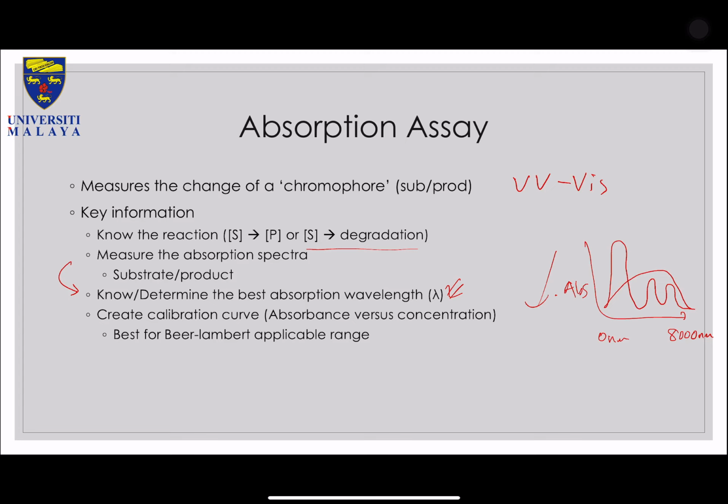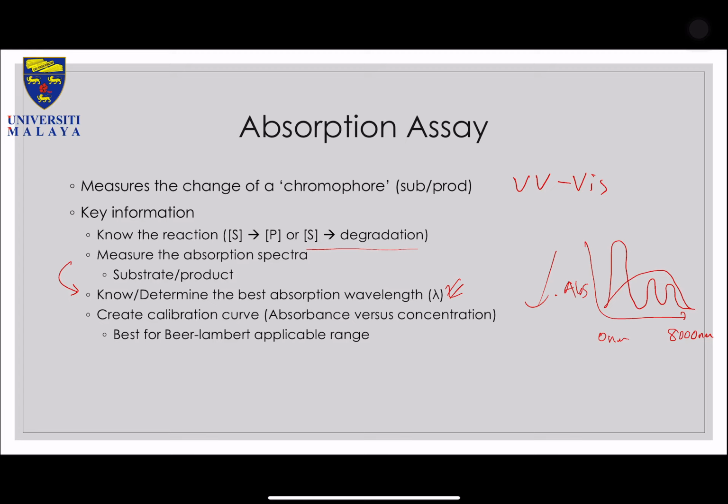That's why I said you need to measure. So you need to do an initial analysis to know what specific wavelength you can use to measure the quantity of all the components in the reaction mix. Basically you have three, of course, right? You have the substrate, you have the enzyme, and you have the product. So you need to know this.